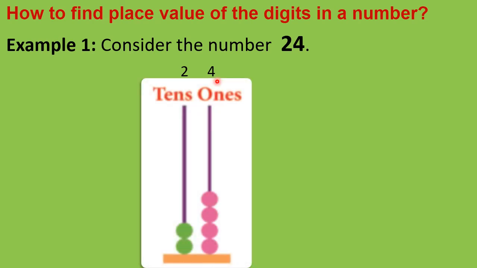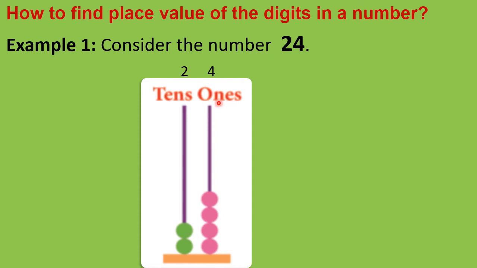For this we need two rods of an abacus since we have a two-digit number. So on this abacus, this rod which is towards our right is at ones.